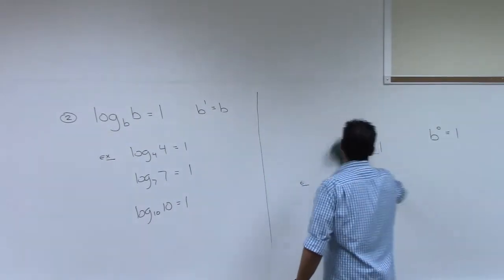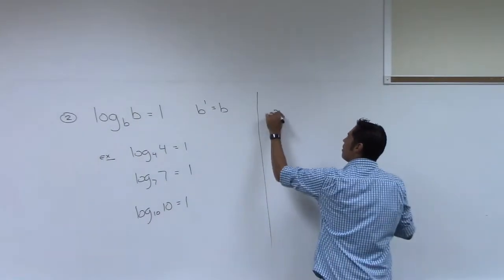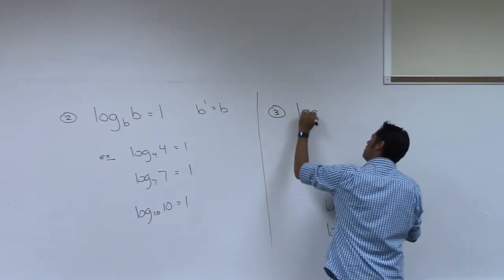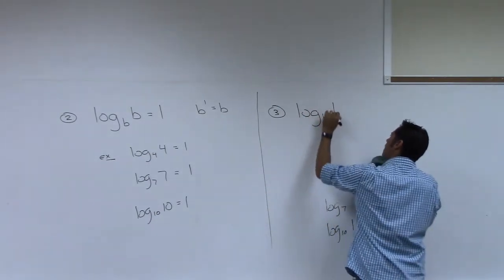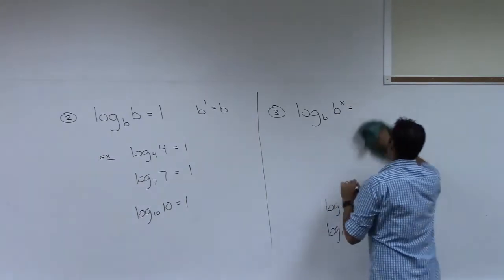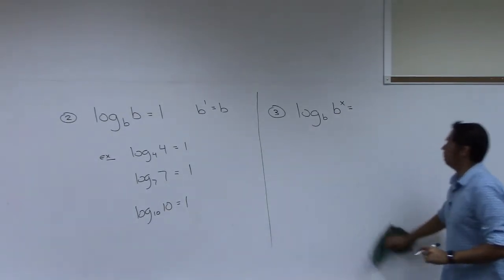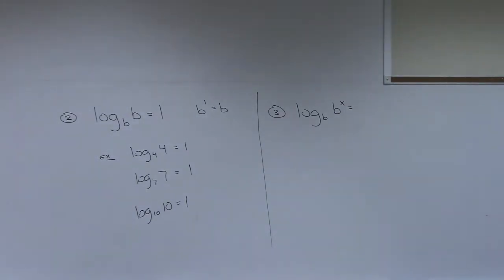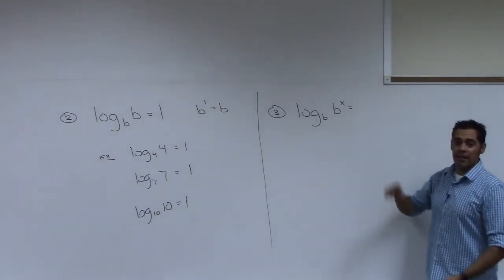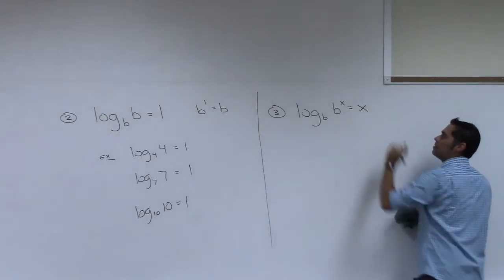Well, this one's a little bit tougher, but I think you can get it. Third property. Log base b of b raised to the x must be what? x. The answer is x.